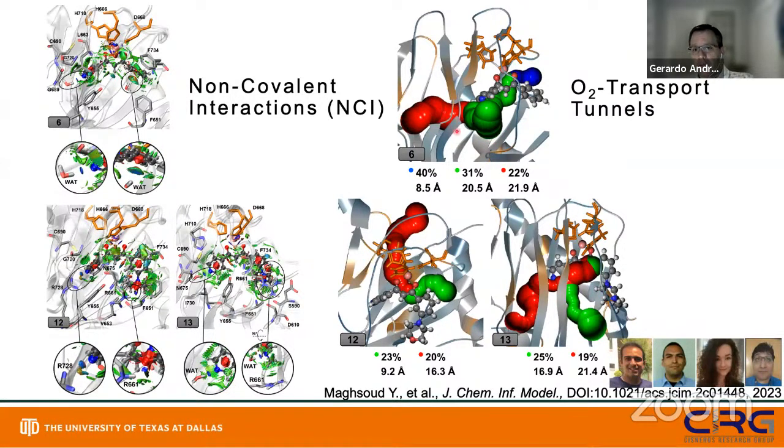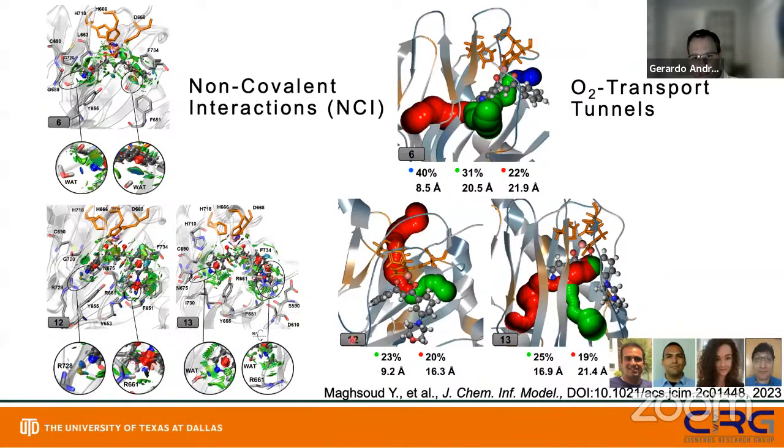So they have tunnels to transport the oxygen into the active site so that they're not basically carrying out the reaction willy-nilly. And so what we wanted to see is if any of the ligands that we developed actually plugged, or occluded, any of these tunnels.